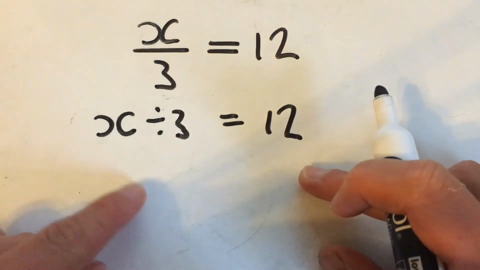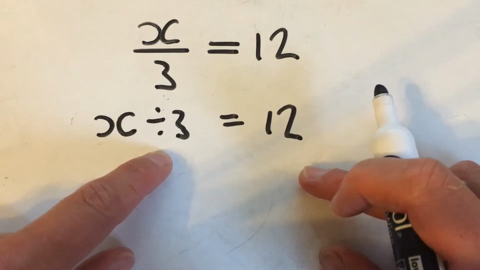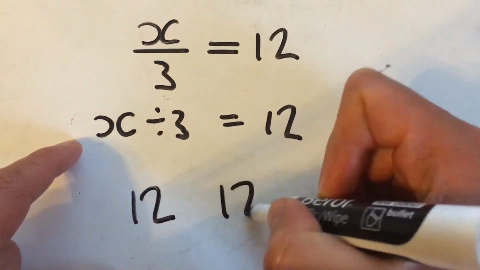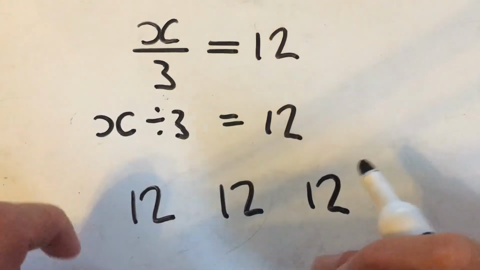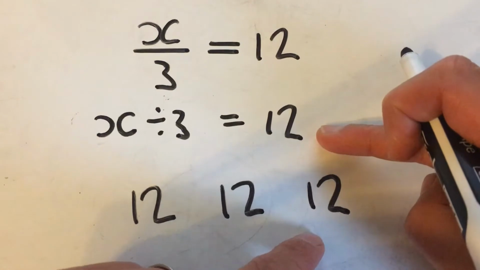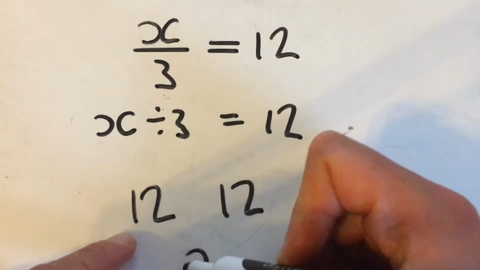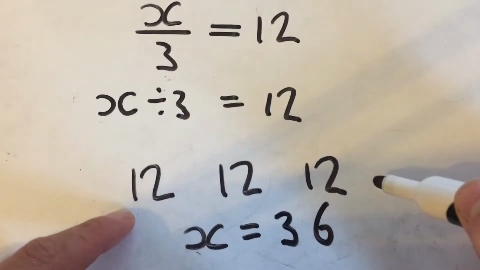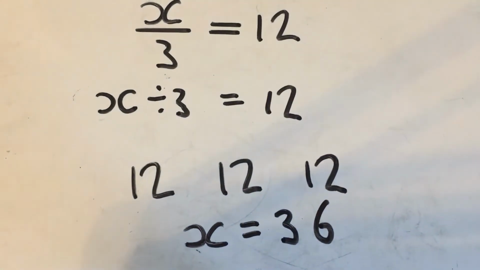That is, when we divide an amount by 3, we get 12. That's 12, 12, and another 12, because we've divided something by 3 and we've got 12. So our value of x in this situation is 36. That is, x equals 36.